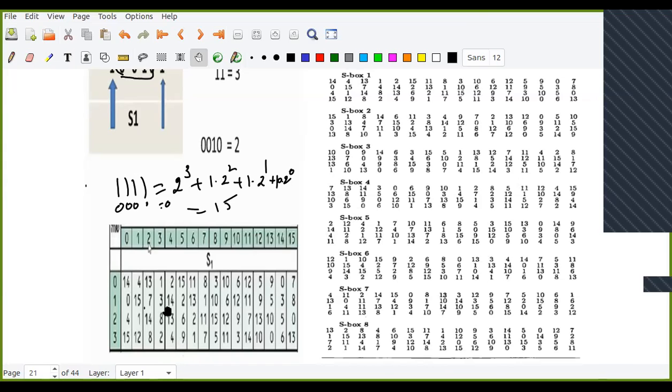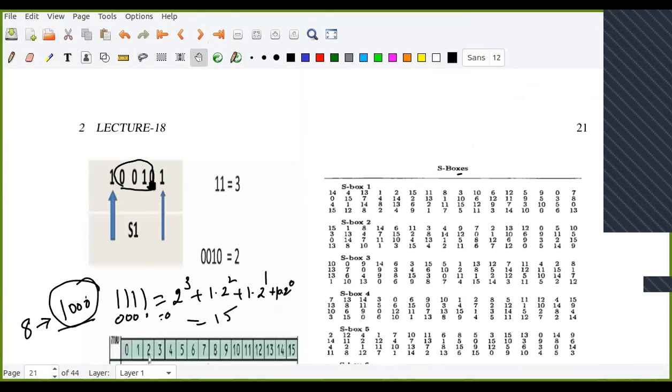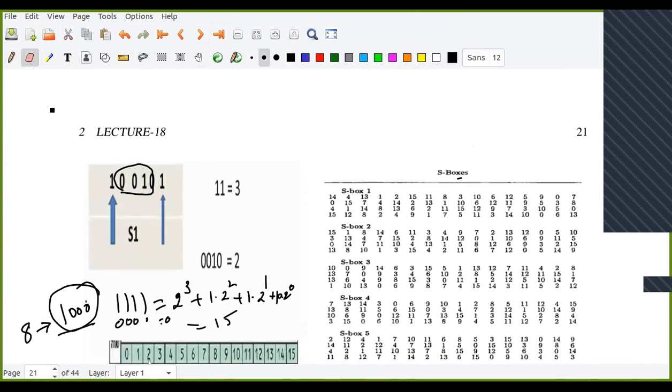Now how do you write 8 in binary? 1000, correct. This is the answer. So this input converted into 8, that is 1000.